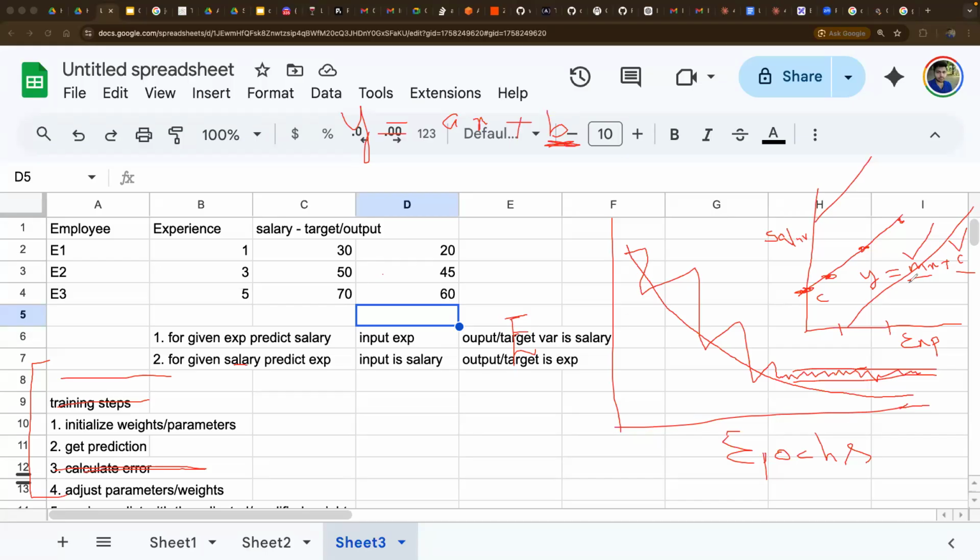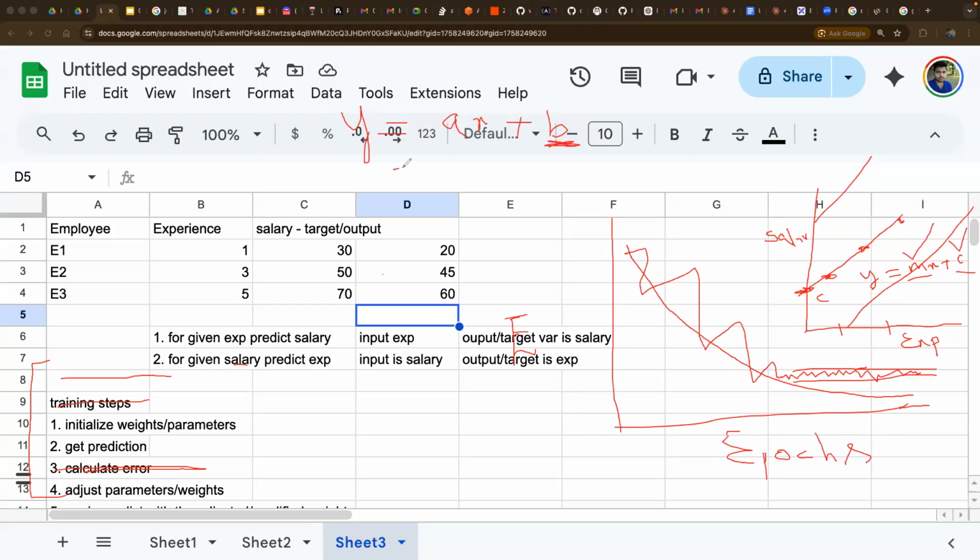So the generic line equation, this is right, y equal to mx plus c. That is what I was talking about. Or else, if you are not so comfortable with the terminology of slope and constant or intercept, you can assume any generic line equation as well, which looks something like ax plus b.